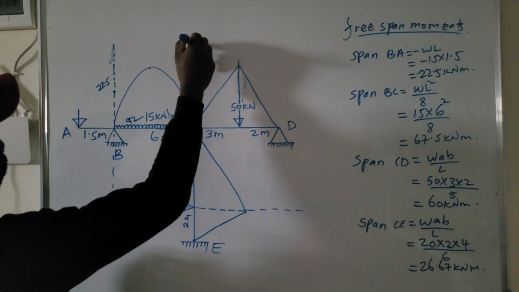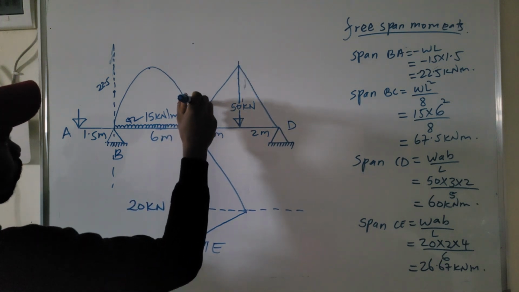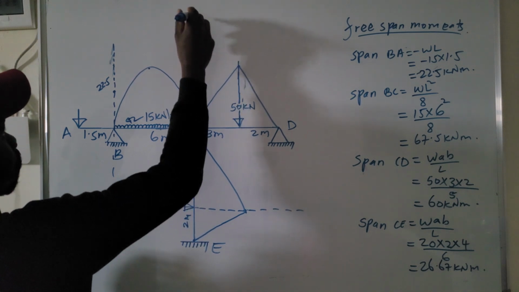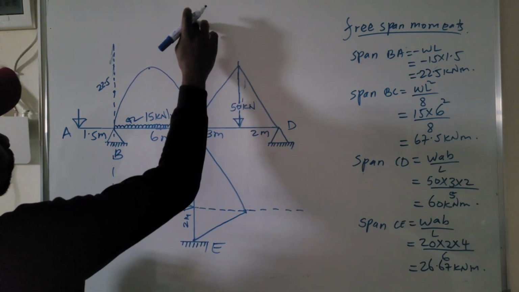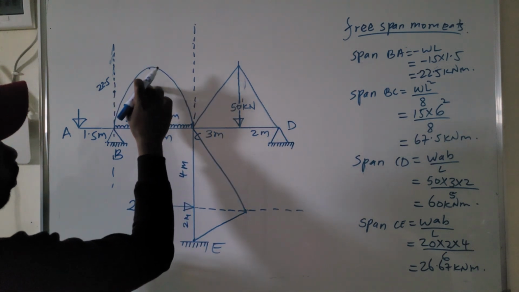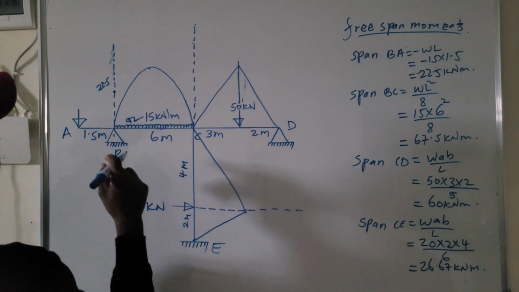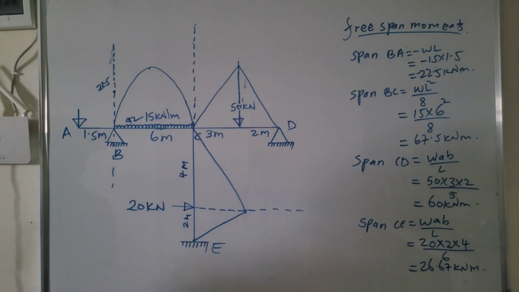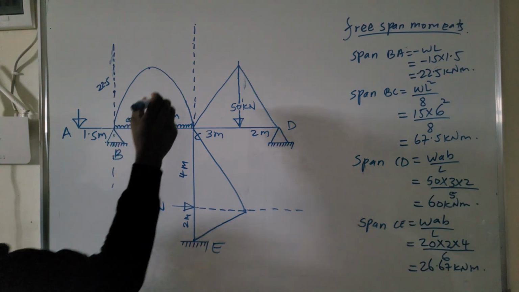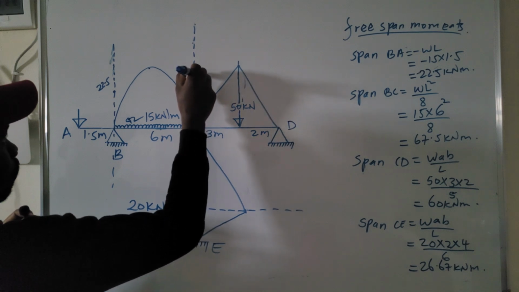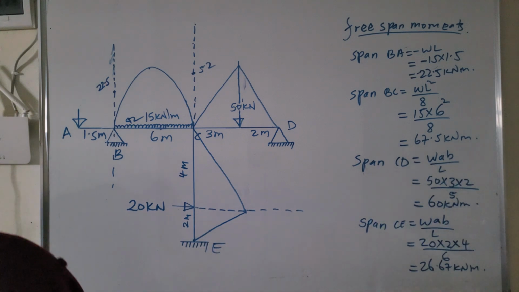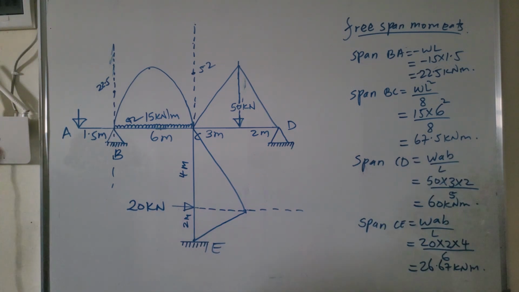So CB along this line. So remember this was 67.5, and this was 60. And this one is 57. 52.5. So around there. 52.5.